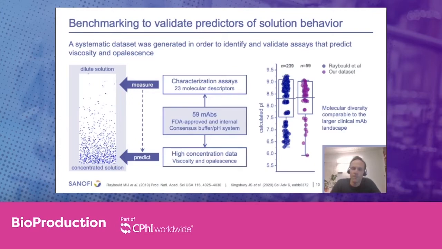Here in the panel on the right, this is the comparison for the calculated isoelectric point. And we saw a very broad overlap with all of the different metrics that we calculated. So this gave us some confidence that our data set was molecularly diverse enough to draw general conclusions from the data.